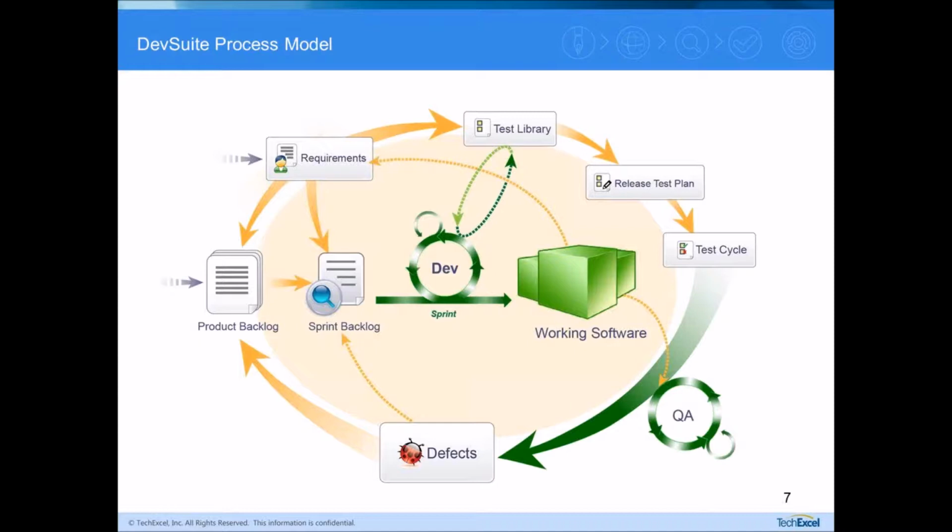Any defects discovered during the testing get directly submitted to either the product backlog or sprint backlog, and then the development team can prioritize those defects and assign them to the corresponding sprint, and then those can be fixed and applied to the working software.